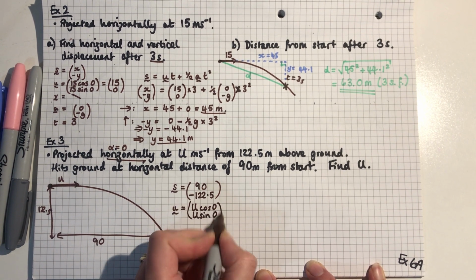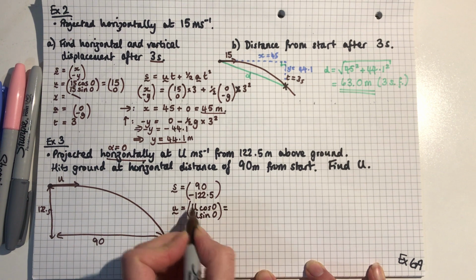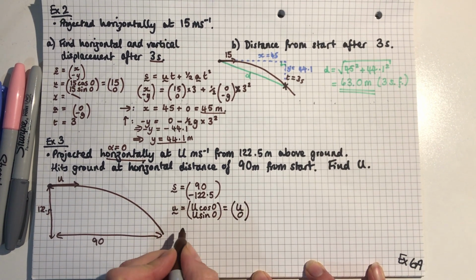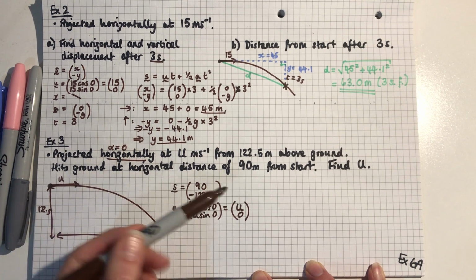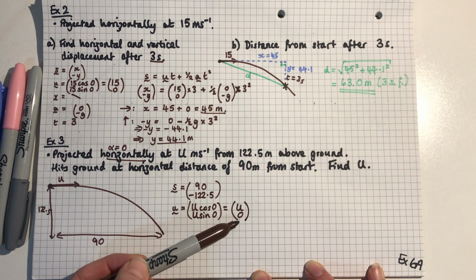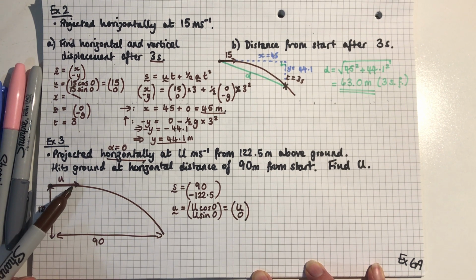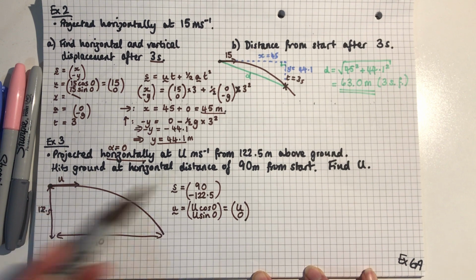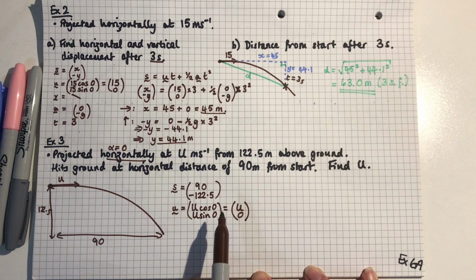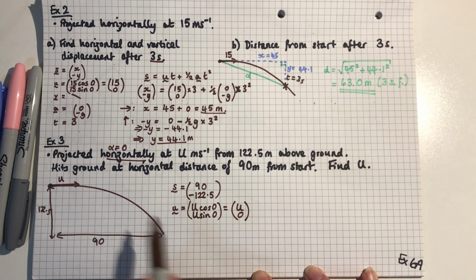Tidy that up, cos 0 is 1, sine 0 is 0. You'll notice for all the questions we've done so far that our initial velocity always ends up being something 0. That's only because we're projecting horizontally. In some of the later videos, we're not going to project horizontally, so I'm emphasising the point of what we always do. It's just in this case, our angles are 0.